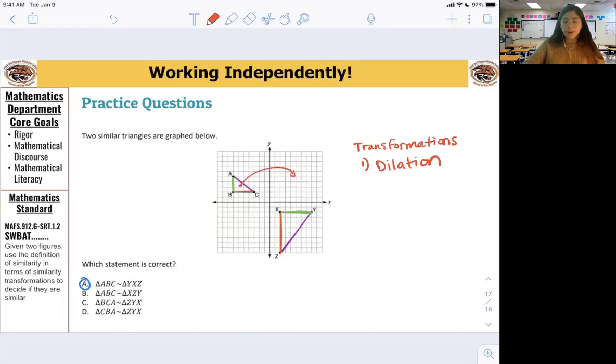Now, when I go there, which letter will be facing down? C. C would be facing down, right? So I would have B, C, and then A. Let me do that a little bit better.